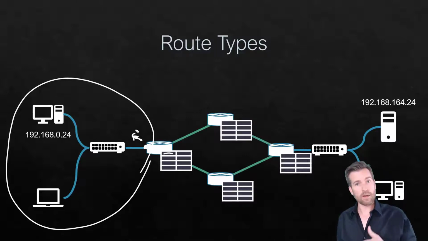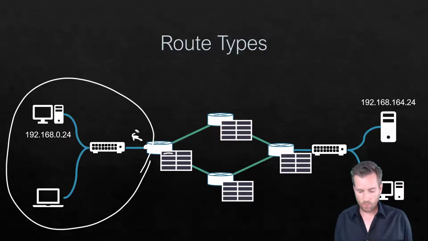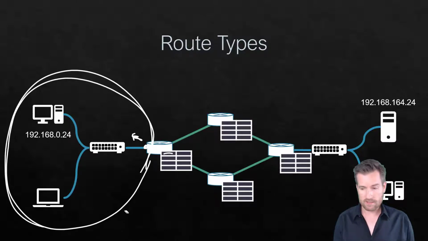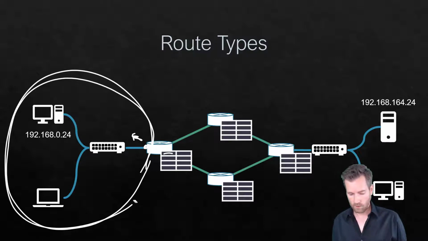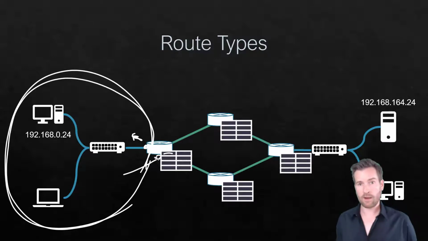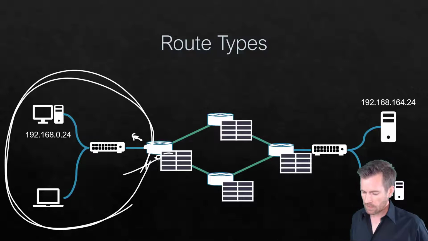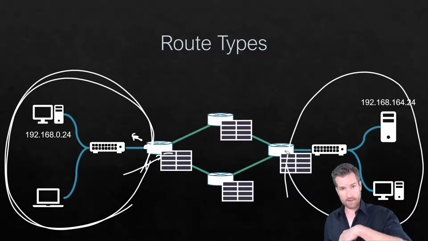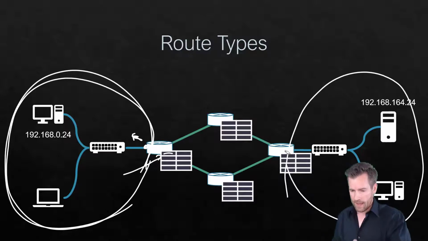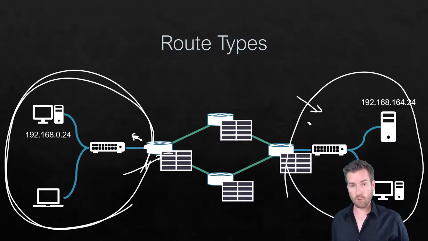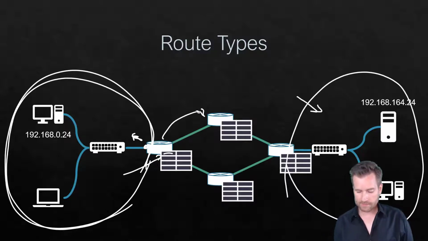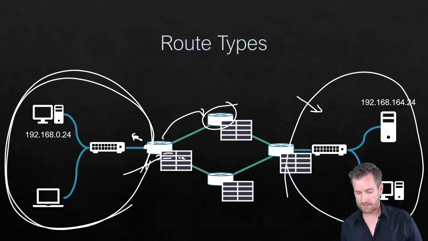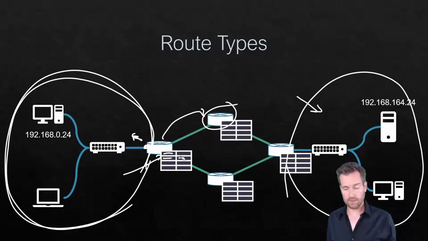When we bring that interface up and it is live, the router recognizes I'm attached to this directly connected network, and so that is going to be put into my routing table. It also could have a route to a remote network, with a connection to the remote network through a next hop, through another router. And so that can go into this routing table as well.